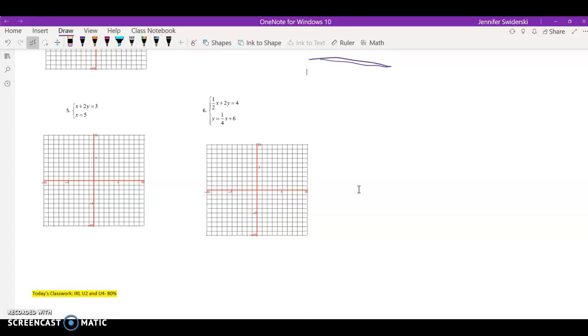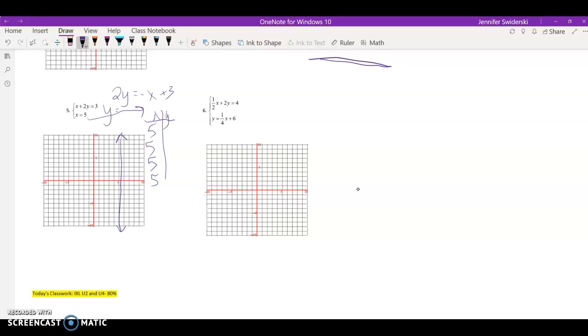Number 5, x is 5. For this one, I always think, okay, is it going to be a 0 slope or an undefined slope? So if I have my x and my y, I know all day, every day, my x value is 5, no matter what my y value is. So if x is 5, it's going to be going up and down at 5. The second equation, if I put it in slope-intercept form, we'll get 2y equals negative x plus 3.